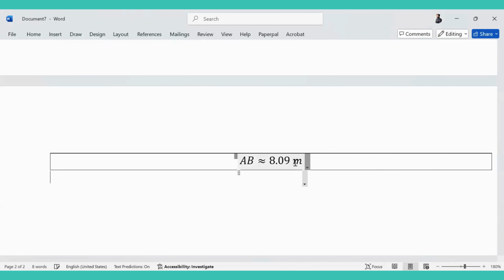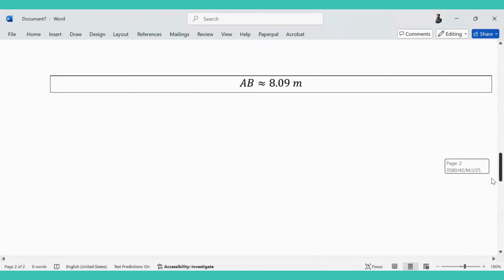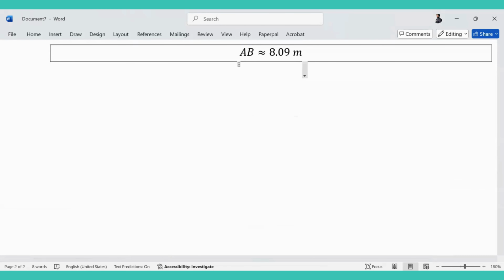Writing the unit so that if I ever need to convert these lengths, I know which length I was dealing with.